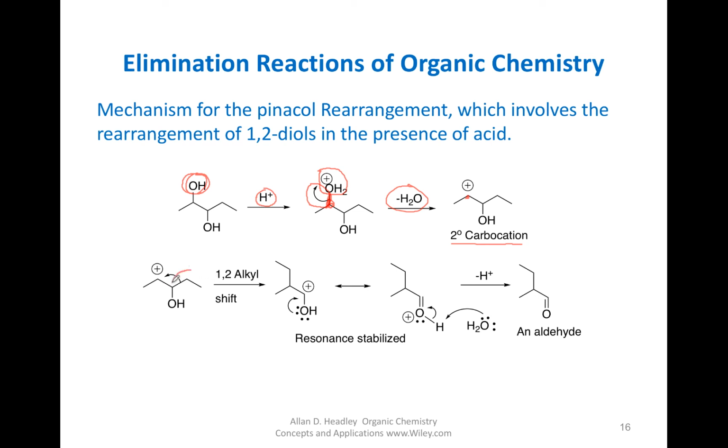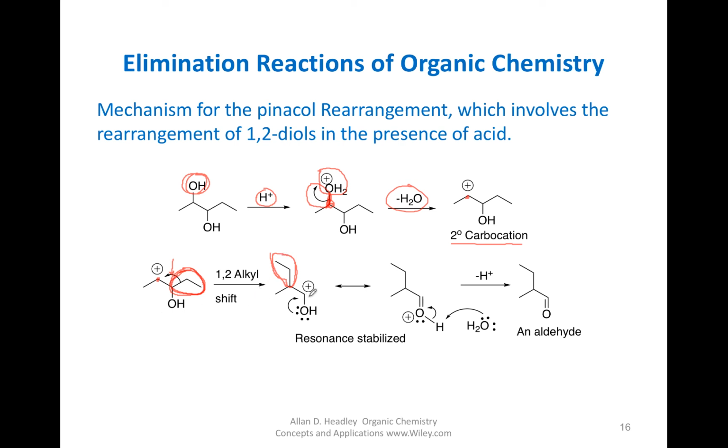This entire alkyl group, since it's two carbons, more than one, can migrate to this carbon. Hence that arrow is showing this entire alkyl group is migrating over here, and here is that alkyl group with its electrons. We call that a 1,2 alkyl shift.